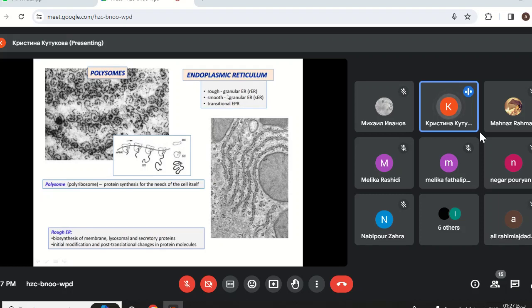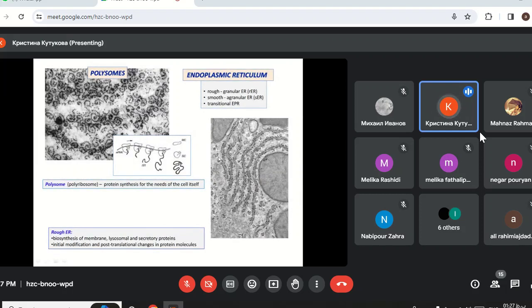So why is the granular called so, granular or rough one? Because it consists of cisterns, these elongated structures which are seen here in this electronogram, covered with these black dots. The surface of cistern is covered with black dots. These dots are actually ribosomes.